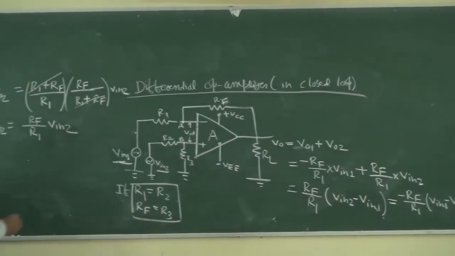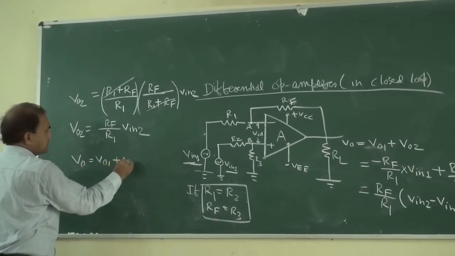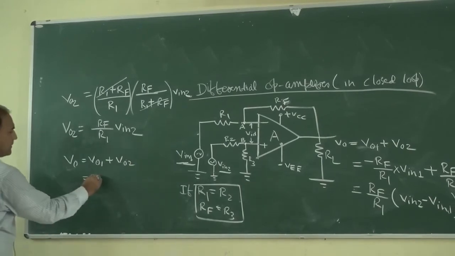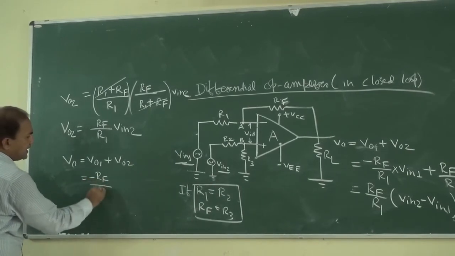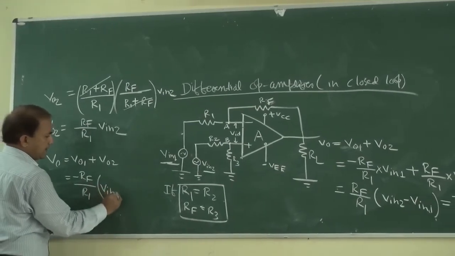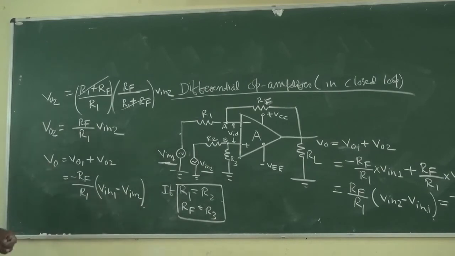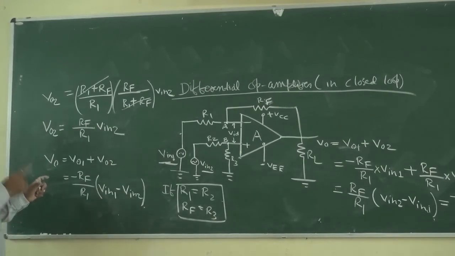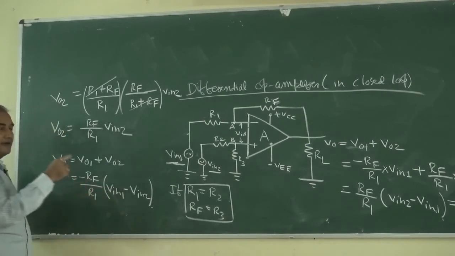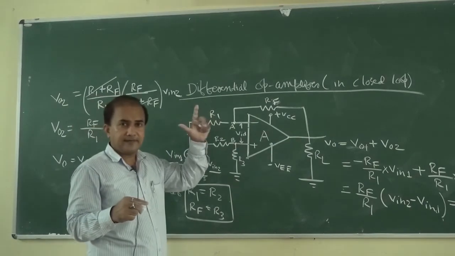So total V output is equal to VO1 plus VO2, which is equal to minus RF by R1 into (V in 1 minus V in 2). We can write like this. So what is this expression? This expression is similar to that of inverting amplifier in case of closed loop configuration.